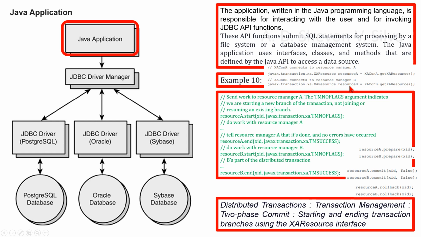Step 3, the transaction manager uses XAResource objects to assign a piece of the transaction to each of the associated resource managers. The transaction is identified by an XID, which represents the identifier generated by the transaction manager when the transaction is created.